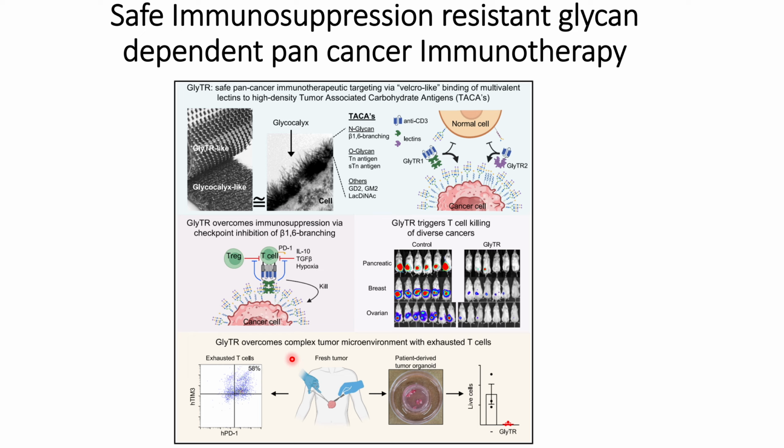So they took fresh tumors, checked them for exhausted T cells, then made the organoid, and then used these GlyTR CAR T cells with the exhausted T cells to check whether it is able to affect these tumors or not.